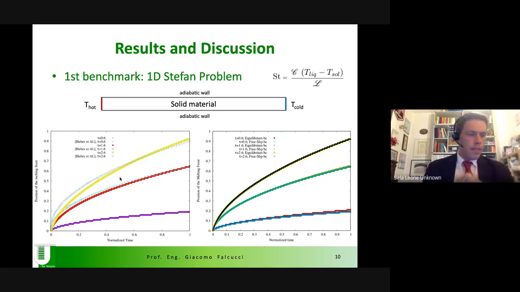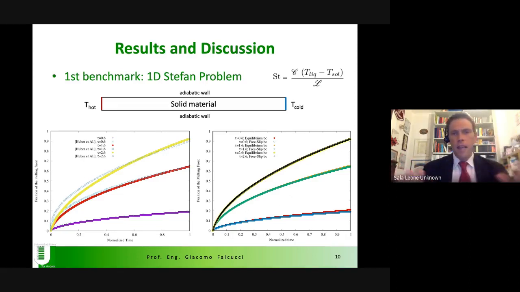Then we also implemented different kinds of adiabatic boundary conditions, and we saw that for this very basic problem, there were no appreciable differences in using equilibrium, temperature, free slip, and also no slip for the temperature, just for the G population.